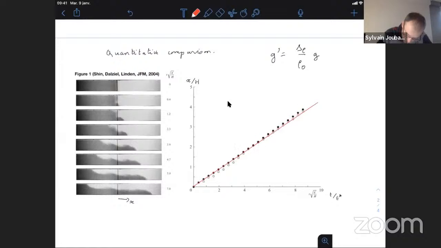Draw a straight line like that, meaning that x over h is proportional to t over t star. And if you look at the slope, you find a slope of 1/2.